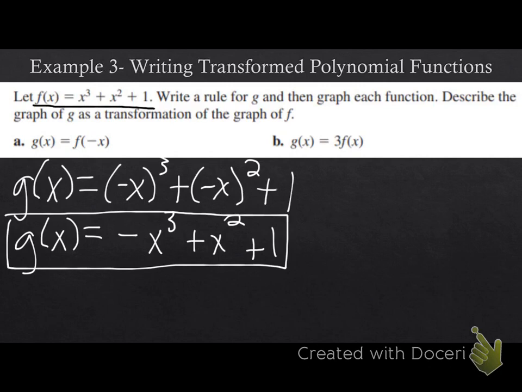Do you all remember how to type it in, or do we need help? Let me know if you need help, or ask someone around you. So we're typing in our f of x function, x to the third plus x squared plus 1.